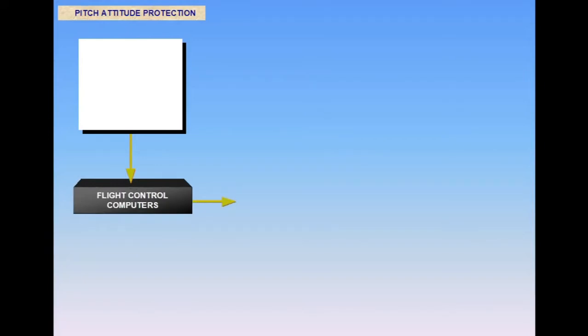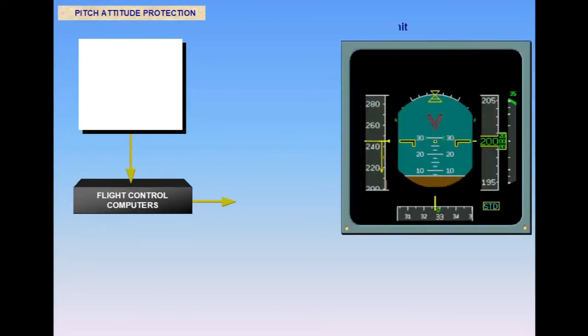As with the maneuver protection, if the aircraft reaches the pitch attitude protection nose-up limits, then the flight control computers will override pilot demands and keep the aircraft within the safe flight limits. The pitch attitude protection limits are shown as small green dashes on the PFD.